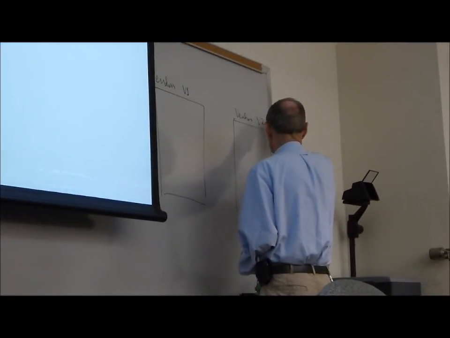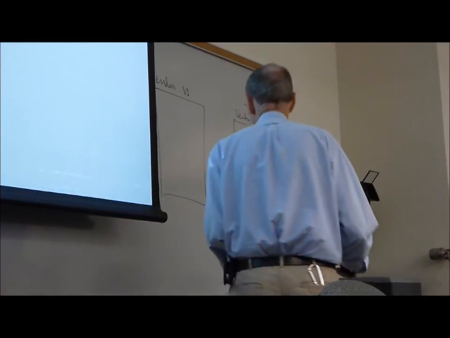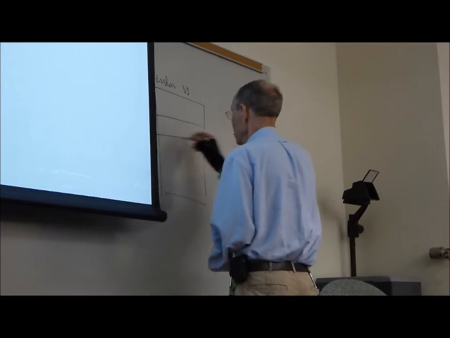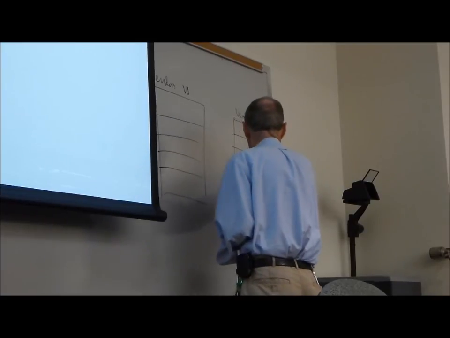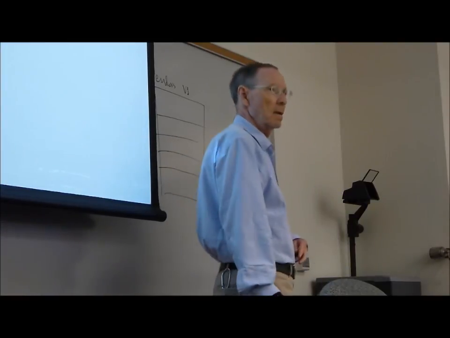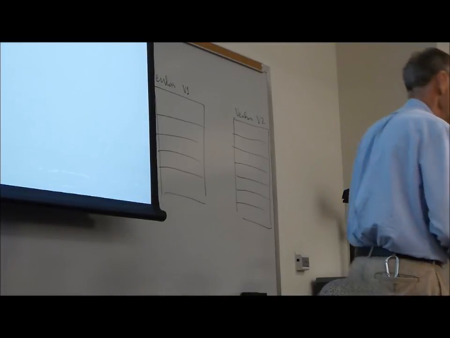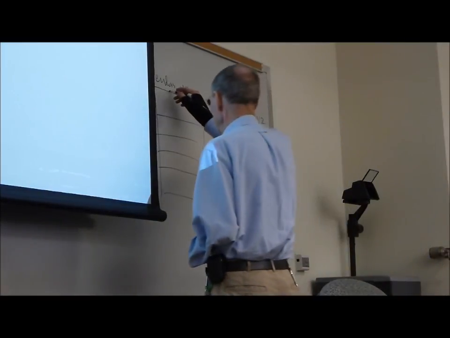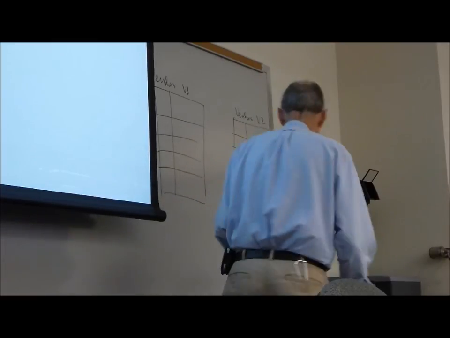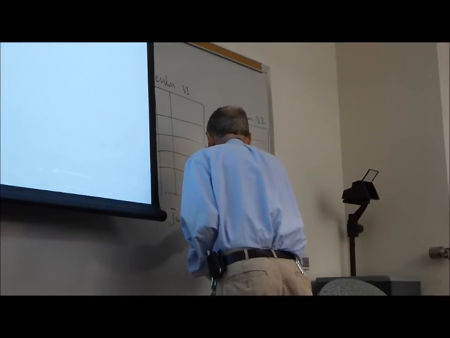Now I might call that table B2. And then if I do a join, okay, well what would I join on? Vendor name. I join on vendor name.